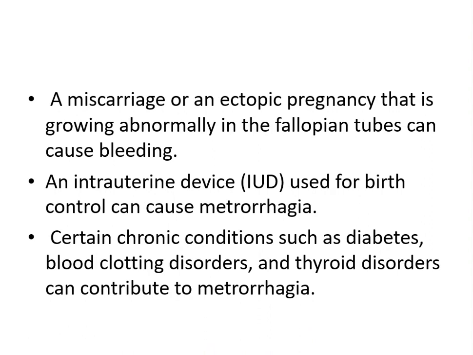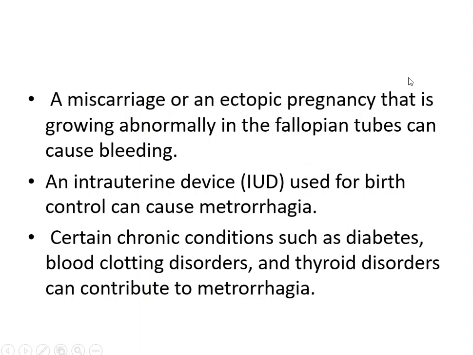Next is miscarriage or ectopic pregnancy. Miscarriage is abortion: the products of conception are expelled from the vagina before viability, that is 24 to 28 weeks. That is known as miscarriage or abortion. Next, ectopic pregnancy. As we have discussed, the uterus is of normal size for implantation of the fertilized ovum and continuation of pregnancy.